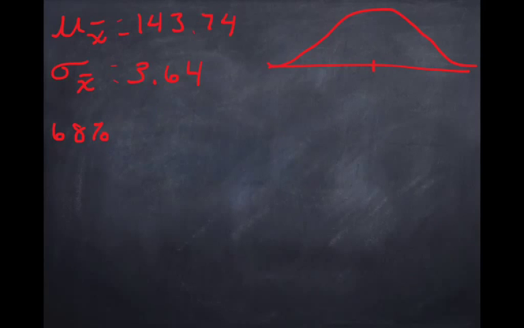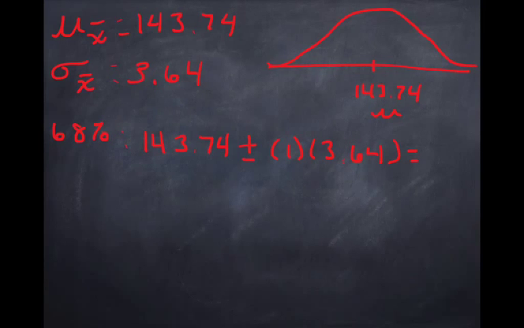Here the mean is at 143.74, and 68% was one standard deviation. And so let's find that percent right here. To find that, you take the mean, 143.74, plus and minus one standard deviation, so 1 times the standard deviation, 3.64.